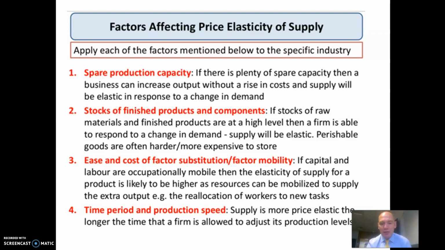Compare that to an agricultural good which might take 6 months, 9 months to grow. If the price goes up, a smartphone manufacturer will be able to respond quite quickly, whereas an agricultural producer will be unable to. So for agricultural goods, it tends to be inelastic supply unless you can hold great stocks of them. For manufactured goods, there is more elastic supply.